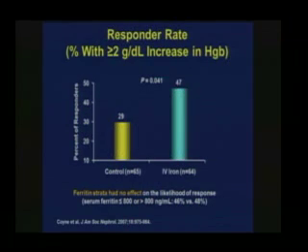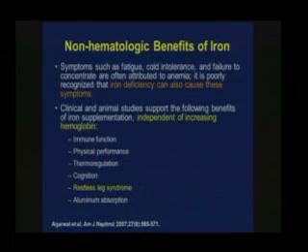In terms of responder rate, defining responders as patients whose hemoglobin increased by more than 2 grams per deciliter, it was 47% in the IV iron group versus 29% in the control group. So if you treat these patients with chronic inflammation with intravenous iron, you can improve the hemoglobin and reduce the EPO requirements.